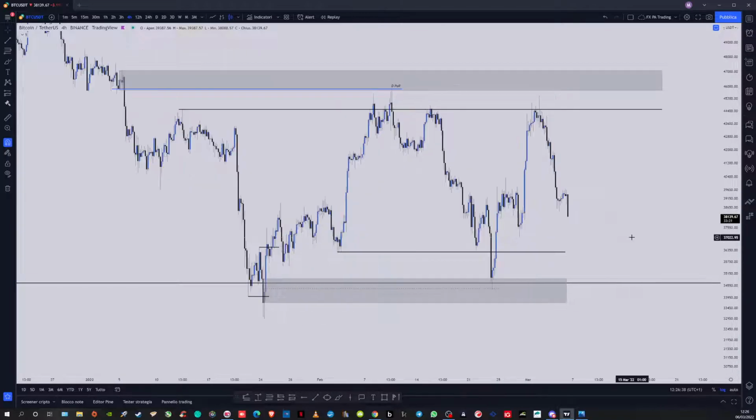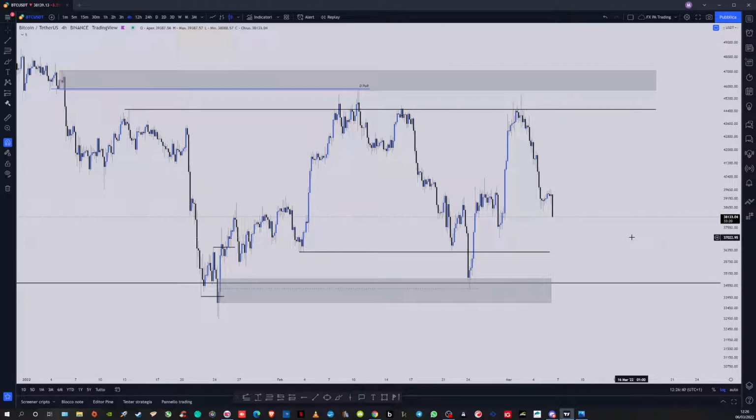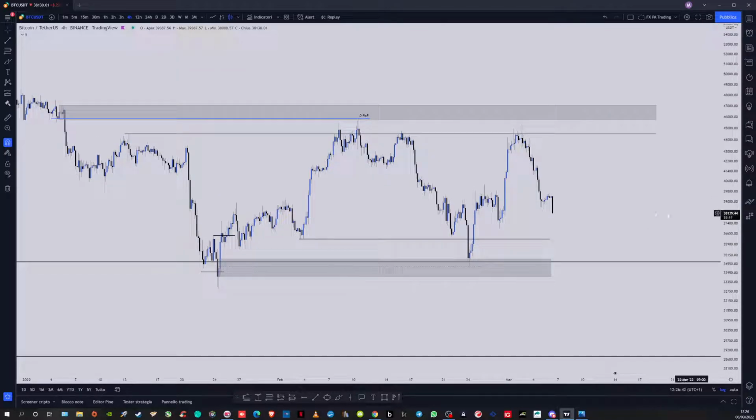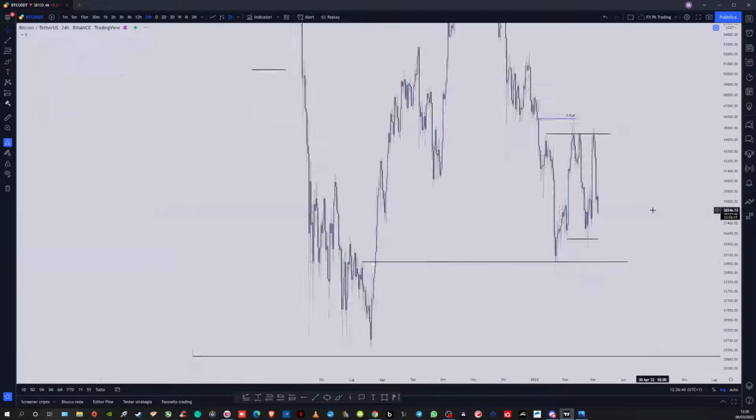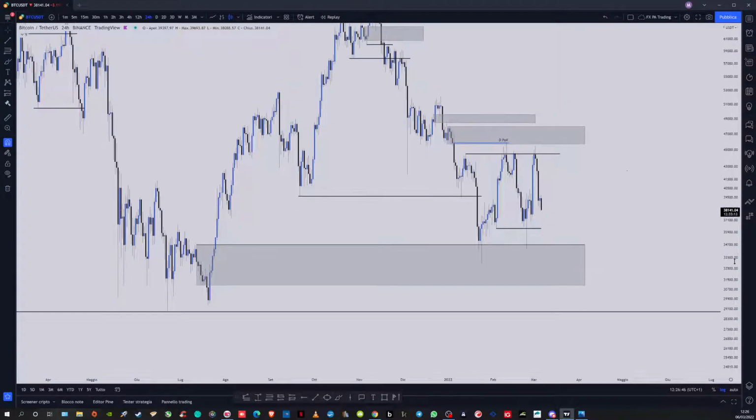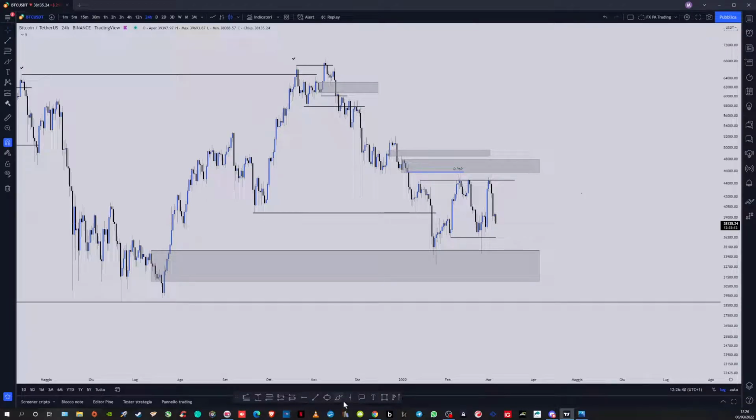Other than that, there is nothing really particular to be said about Bitcoin right now. I think we're still in this trading range, and up until the point you start to see areas like these being cracked, it's gonna stay in this range. So the range is the range until the range isn't there.